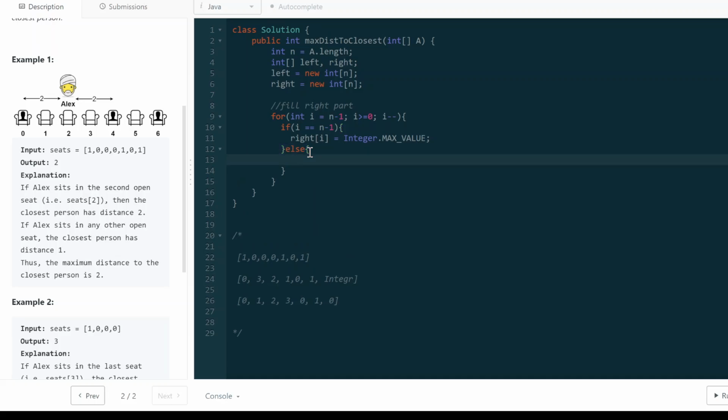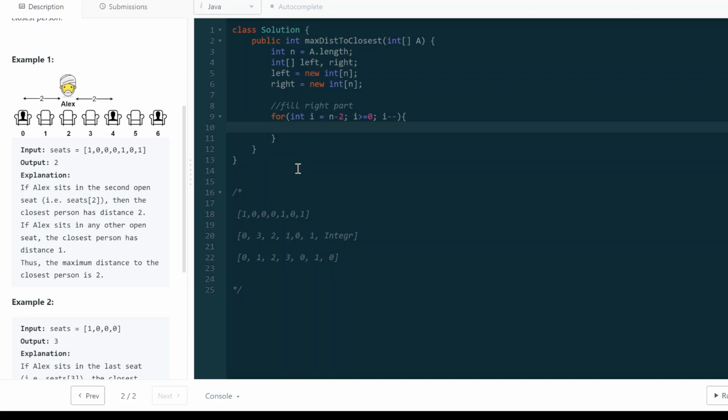Else, now here is where things get interesting. I think 0 will work actually. So maybe I just need to initialize from I minus 2 here. I think 0 will work because we are taking the minimum, and we have to maximize the answer.